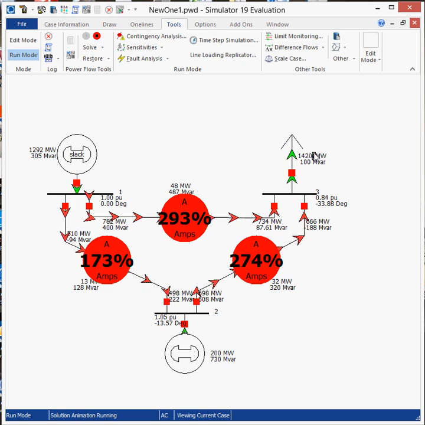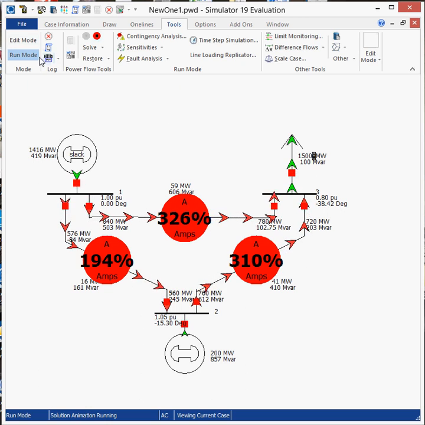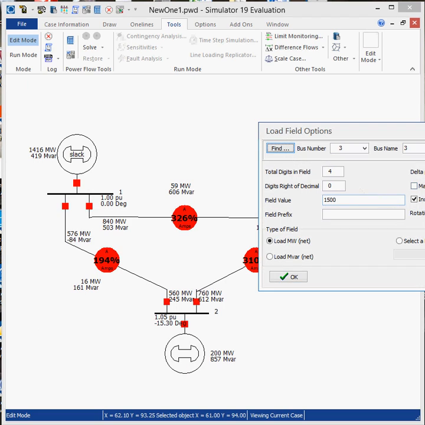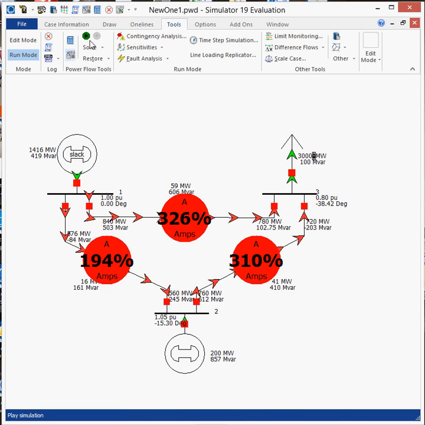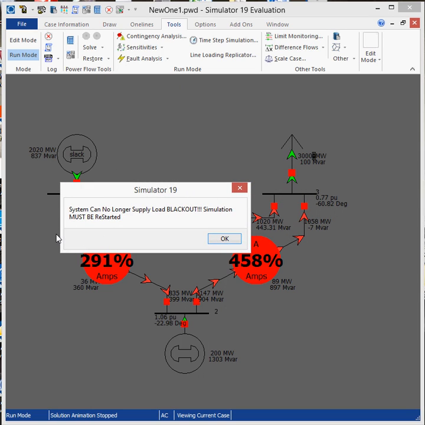Supposedly, when you increase this, if you increase this, it should cause a blackout in your system. Okay, so now your system can no longer operate because there's a blackout in your system.